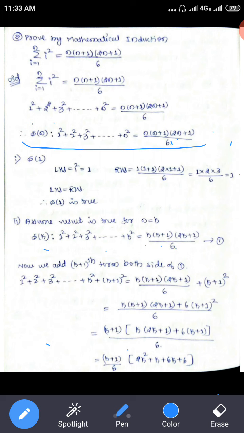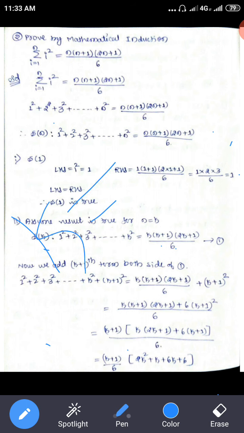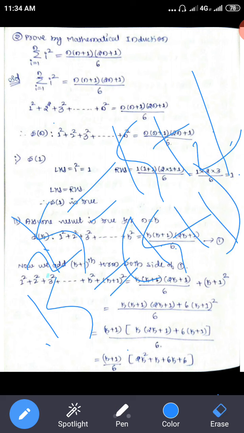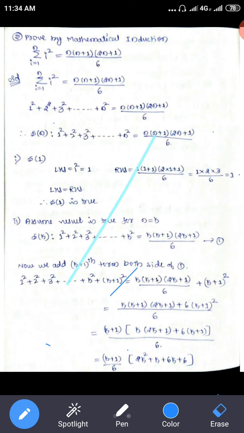Now we will add the k plus 1th term. For k square, the next term is k plus 1 the whole square. So I will add to both sides.